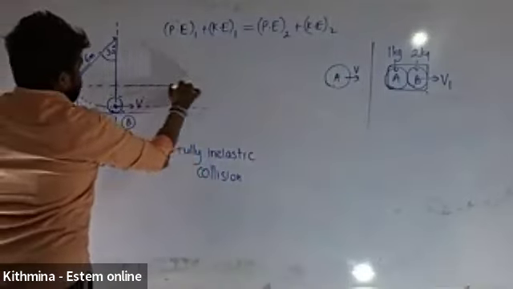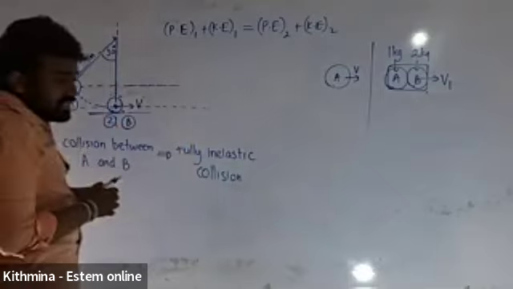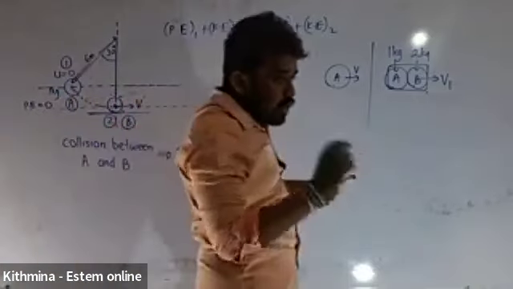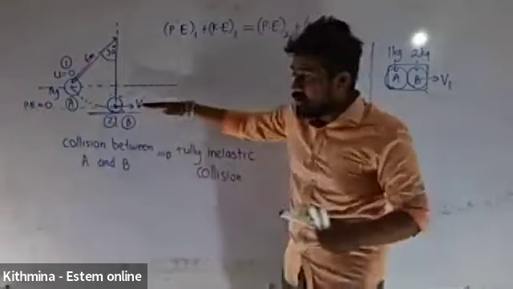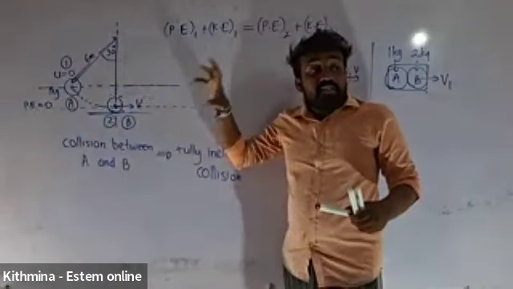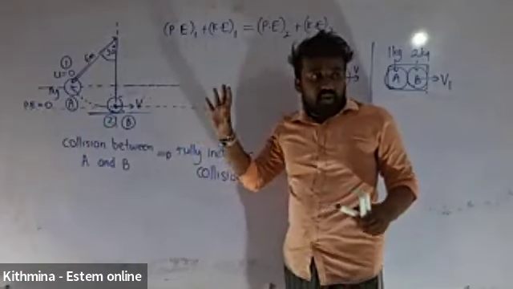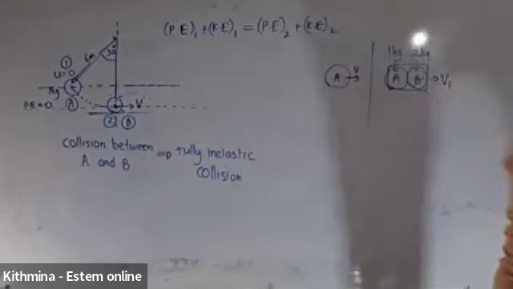Now, after we select the zero potential line, there is a sign convention.